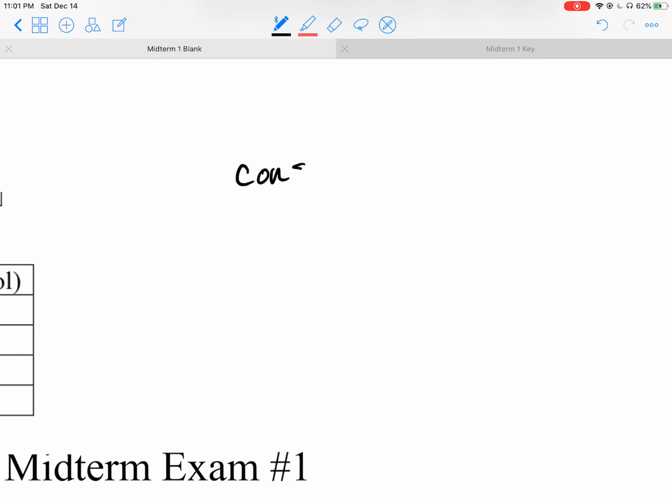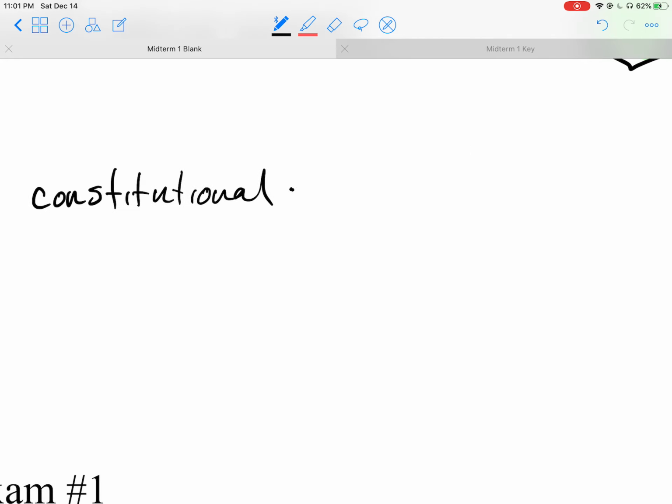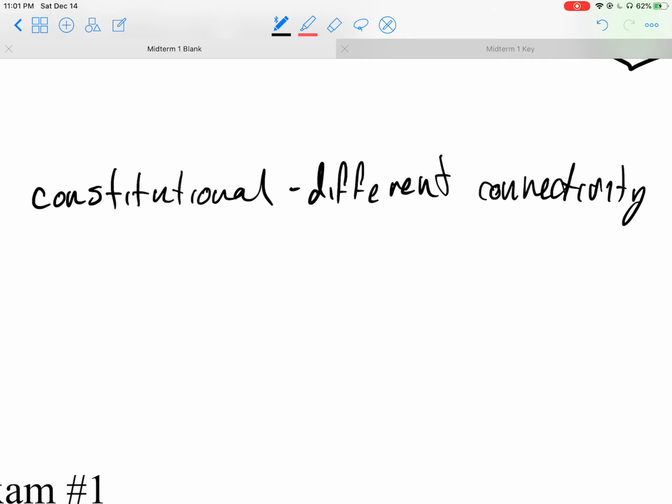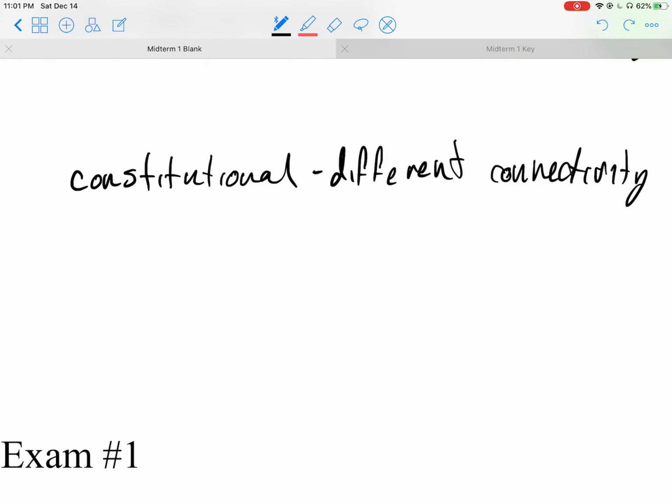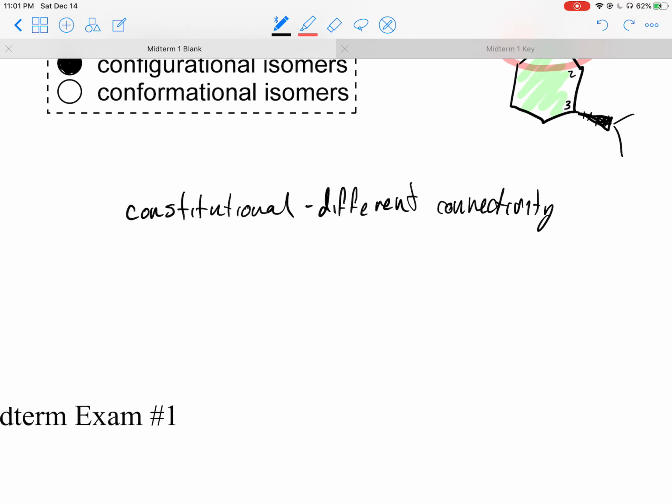So constitutional means different connectivity. That means there are different atoms connected to different atoms, basically. Still the same number of each atom, but they're connected in different ways. They're totally different. That's not either of the ones above.